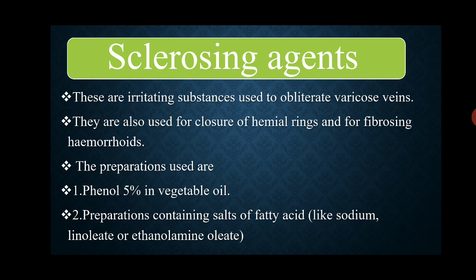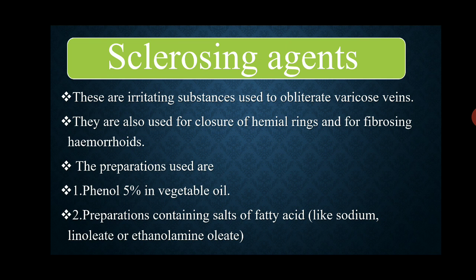What is the meaning of sclerosing agent? These are irritating substances used to obliterate varicose veins, also used for closure of hernial rings and for fibrosing hemorrhoids.